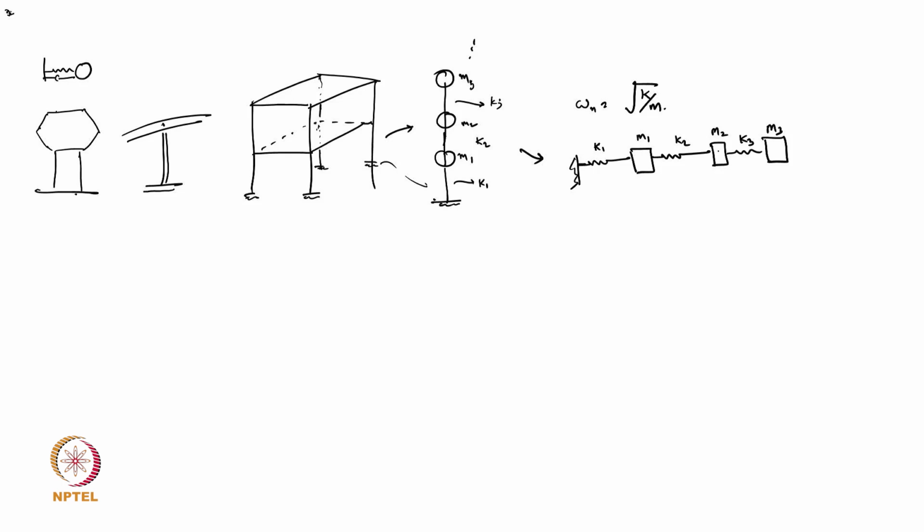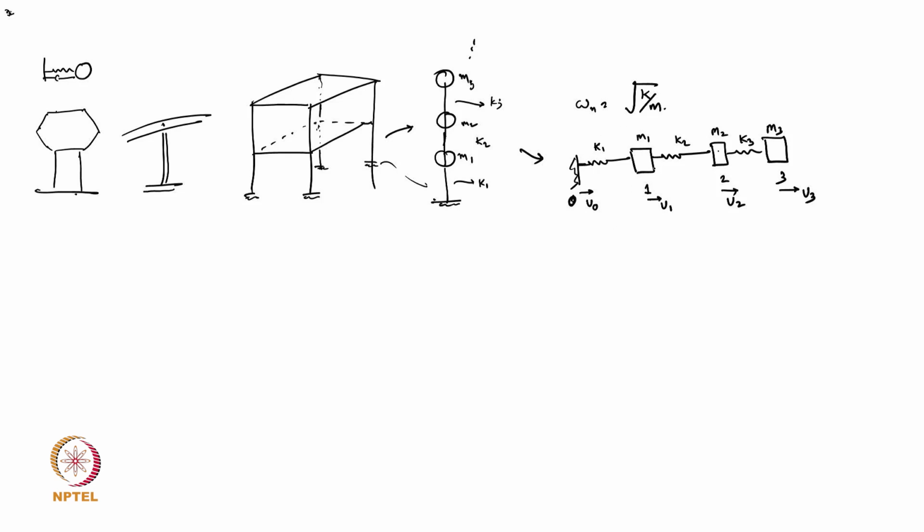Very simple system. So first let's assume this is node 0, this is node 1, node 2, node 3. And these are U0, U1, U2, U3, the displacements.